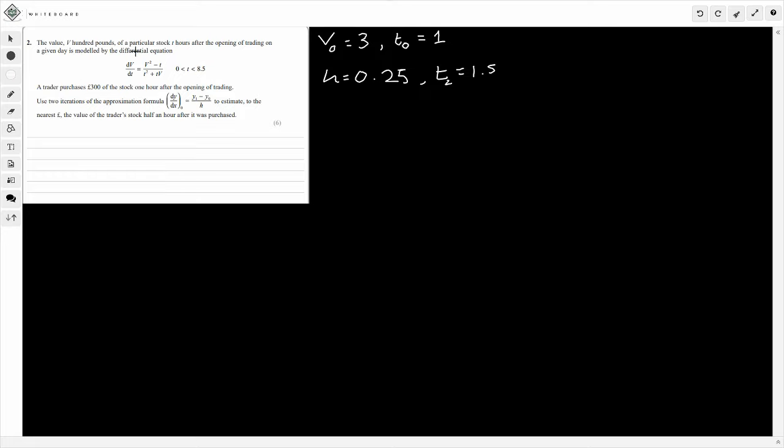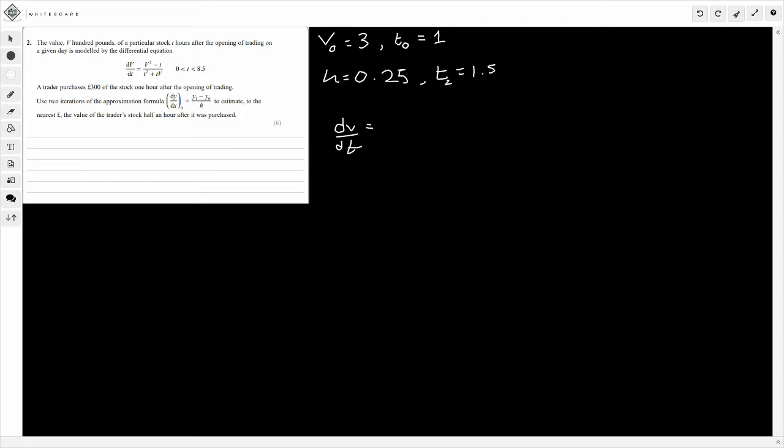All we need to do is start using the iteration formula. So let's put it into here first and get our first value. So dv by dt, we have our first lot of information. What we're going to put in here now is the V0 and the T0.